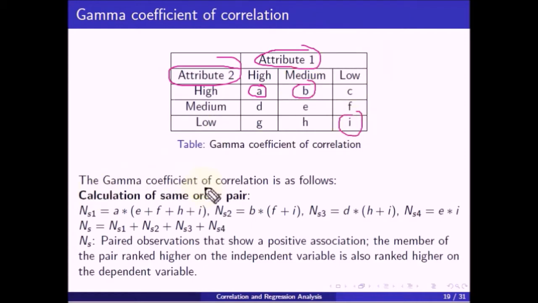Now the gamma coefficient of correlation is used as follows. First, calculation of same order pairs. We have to write NS1, NS2, NS3 and NS4.